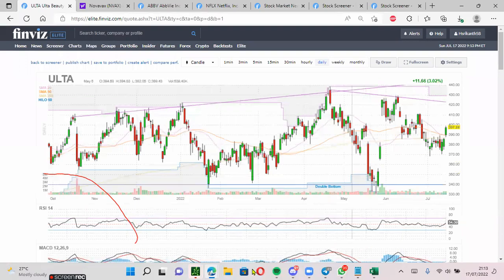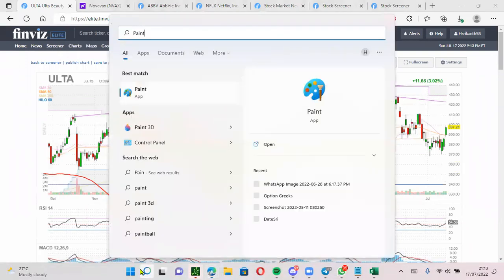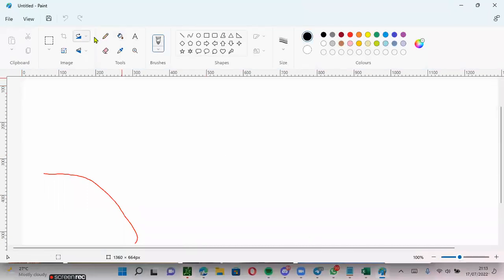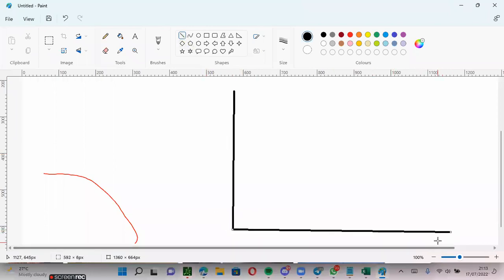So what does that mean? Okay, I'll show. This is the chart, and I want to plot a stock.